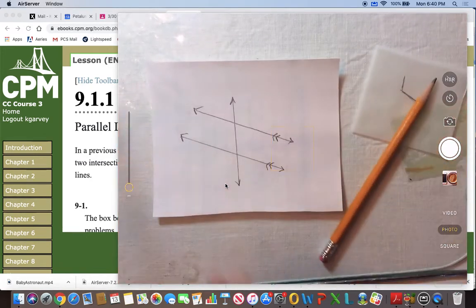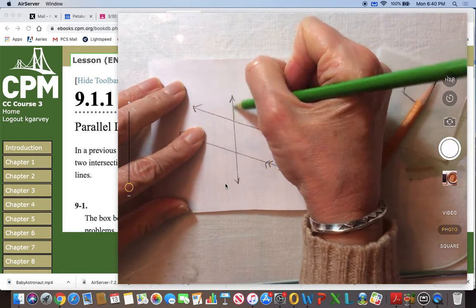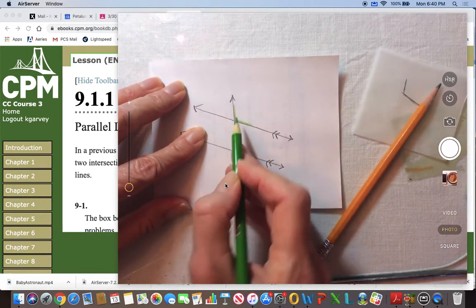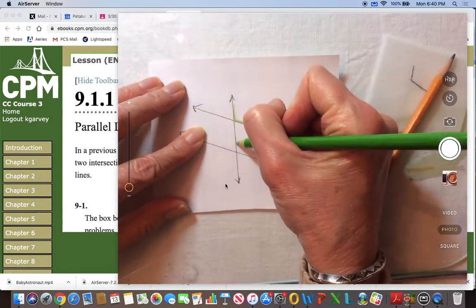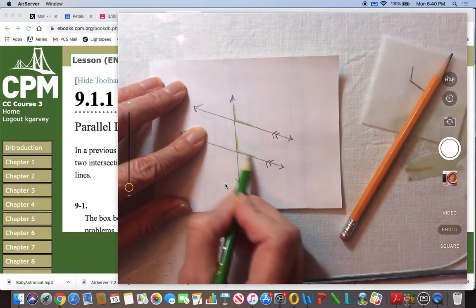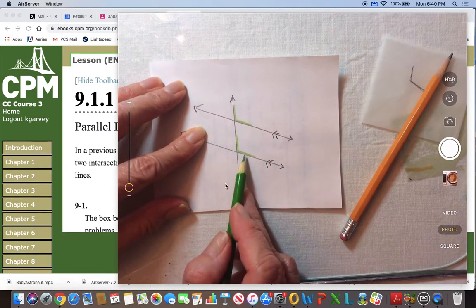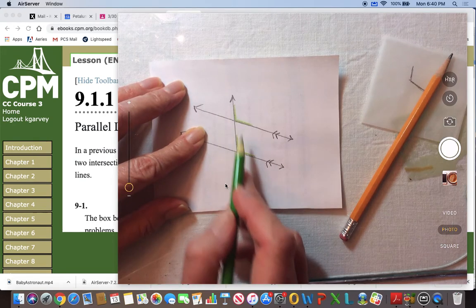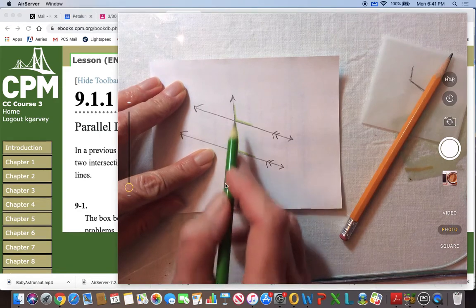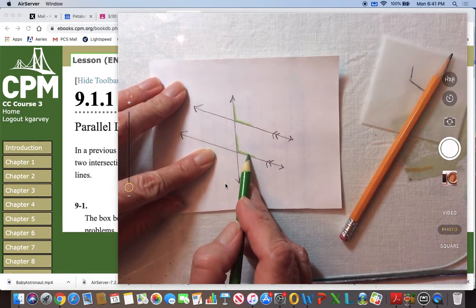So I'm going to go ahead and mark it with a colored pencil. So we're going to make this one green. So there's one angle pair relationship that I found. They're on the same side as the transversal, but they're formed by the different parallel lines. One parallel line has this one, the other parallel line has this angle.